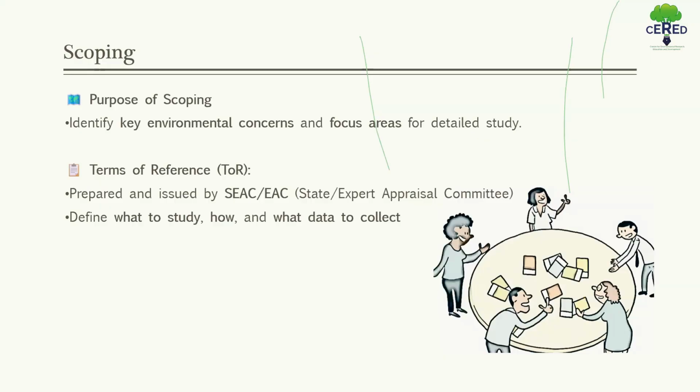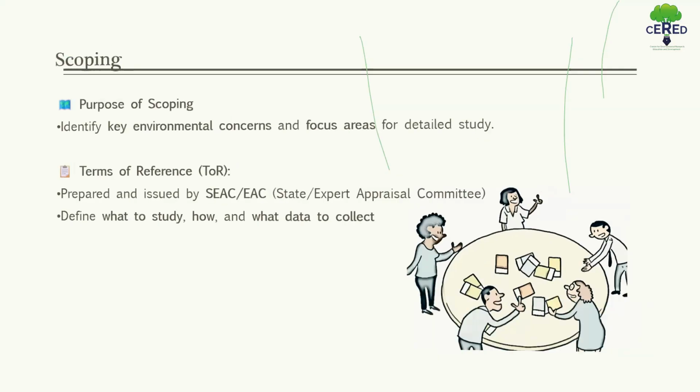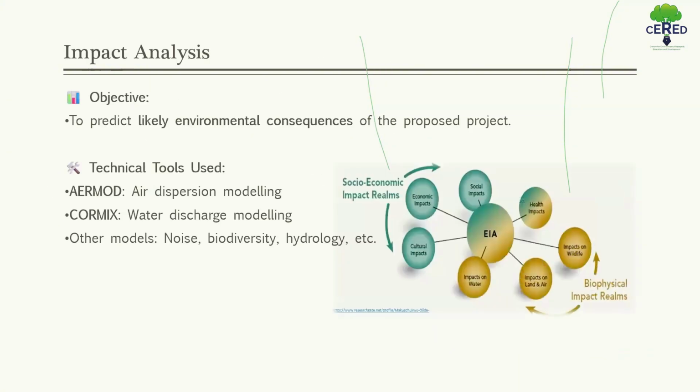We prepare a pre-feasibility report to obtain terms of reference from SEAC or EAC, where we define what to study, how to study, and what data to collect in front of our committee. The committee is the State or Expert Appraisal Committee. So scoping is a step where we get the TOR from the committee or board.